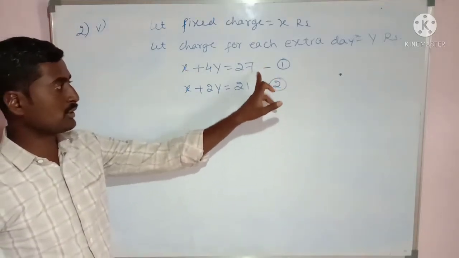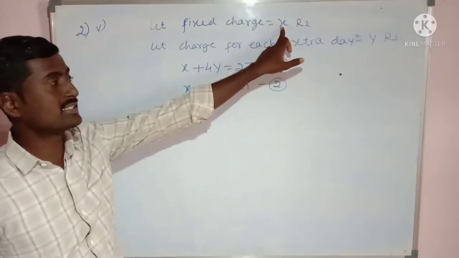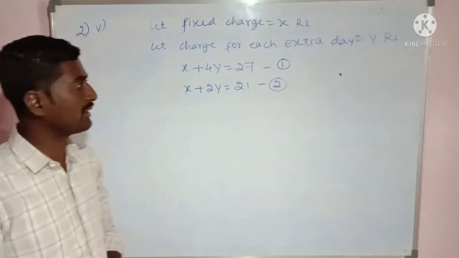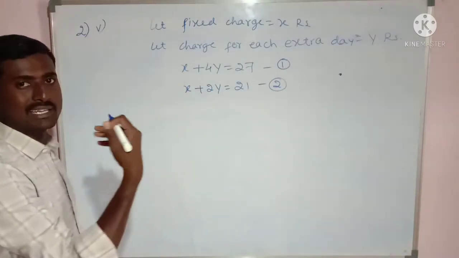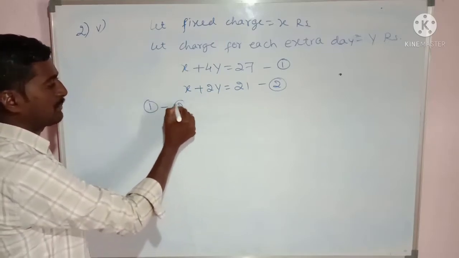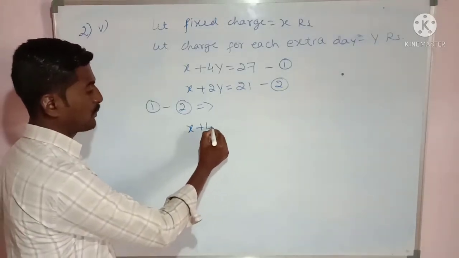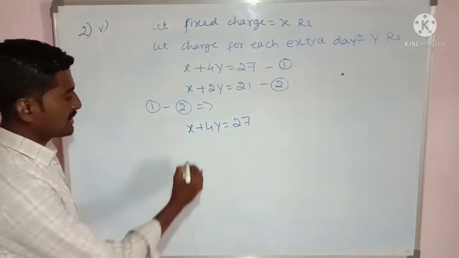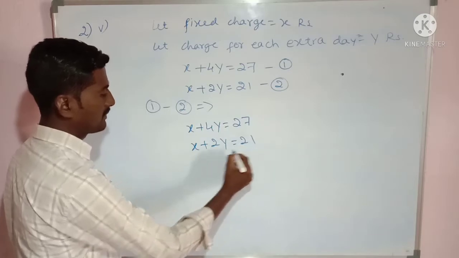Now I have to solve these two equations by the elimination method. We have to find the fixed charge and the additional charge, that is, x and y. Now I will subtract these two so that x vanishes. Equation 1 minus equation 2: x plus 4y is equal to 27, minus x plus 2y is equal to 21.